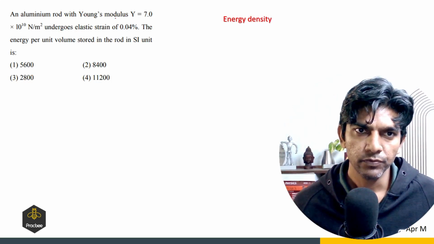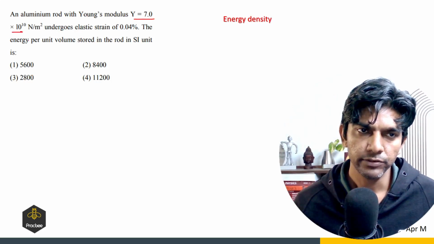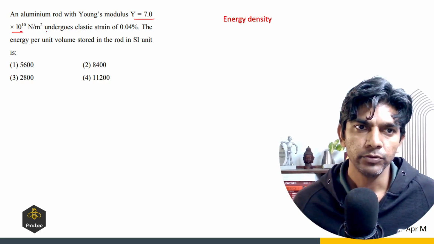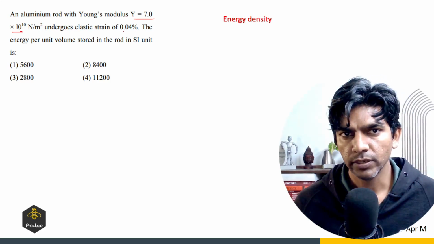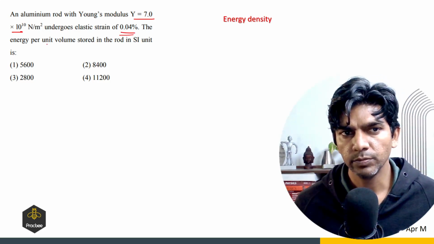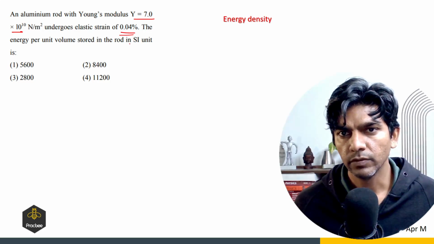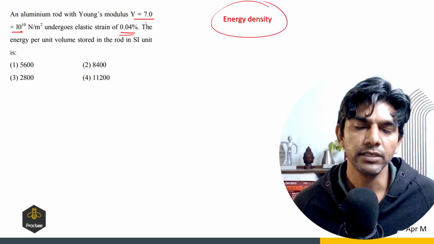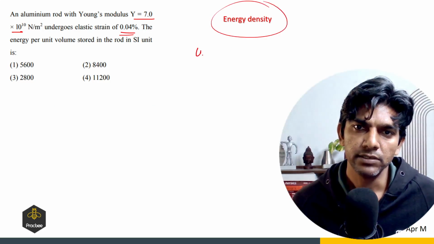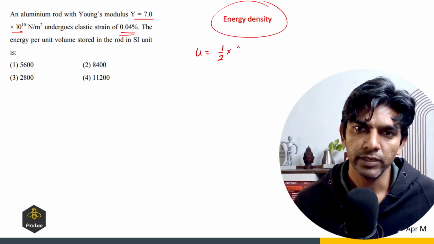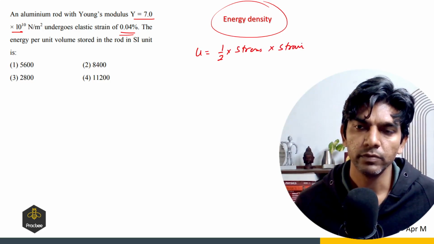An aluminum rod of Young's modulus 7 into 10 raised to 10 Newton per meter square undergoes elastic strain of 0.04%. The energy per unit volume stored in the wire. So here this is the energy density. Energy density is defined as half times stress times strain. So you can remember this.